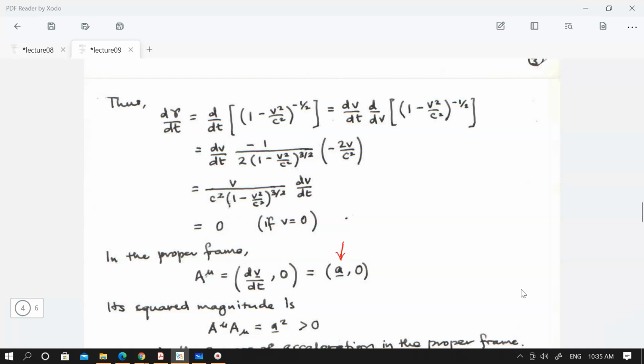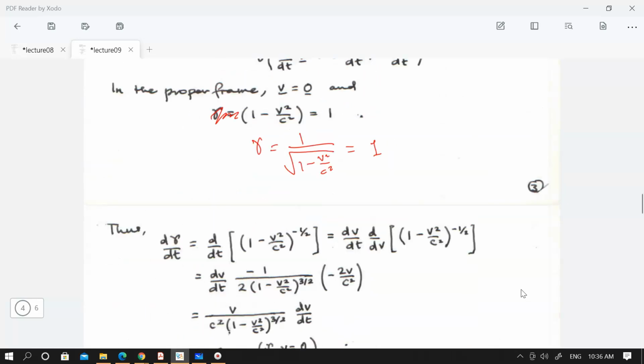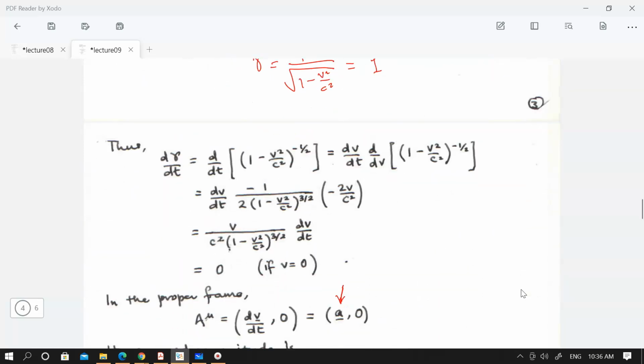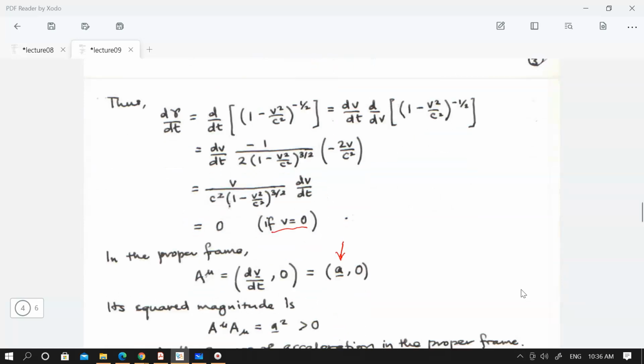And then of course the fourth component, remember what's the fourth component? Your fourth component is just c d gamma dt, and d gamma dt we have actually shown to be equal to 0 in the proper frame. So in other words, in the proper frame, this is just like your ordinary acceleration.